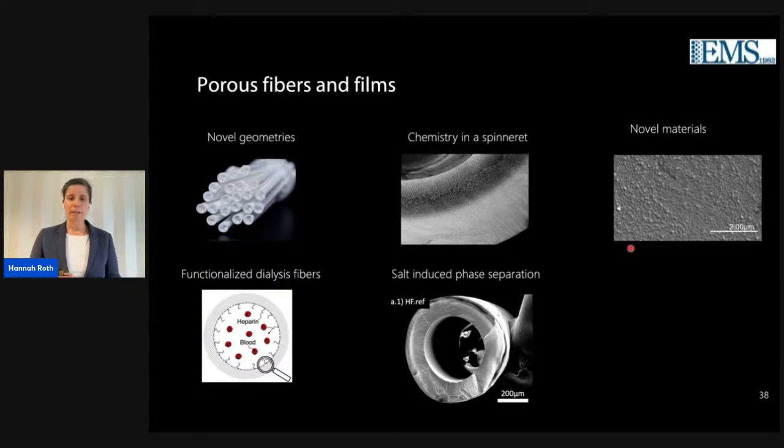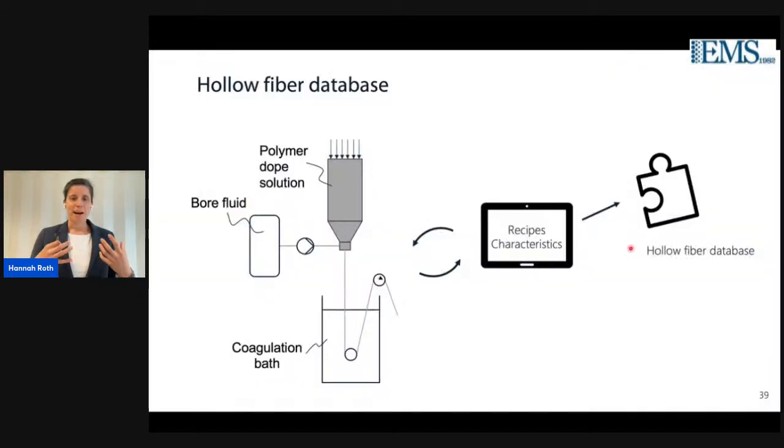And this brings me to the last and final part of the presentation, which will be about how we can accelerate the future of hollow fiber development. I have said we have solvents that are reprotoxic that we need to replace.